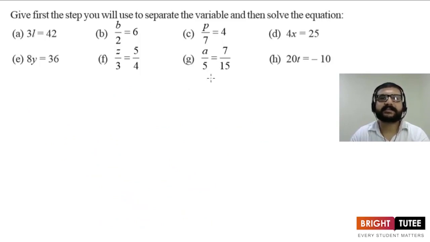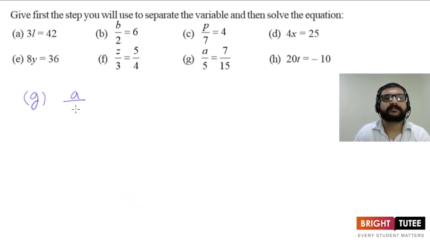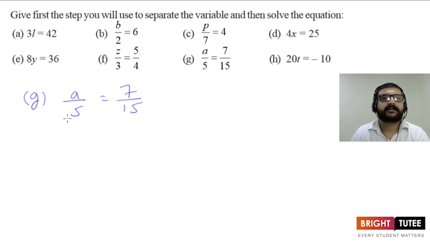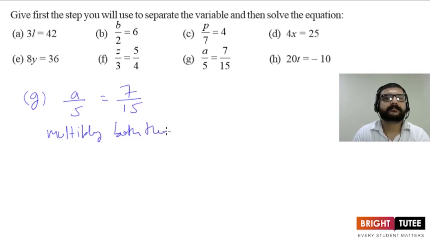Now the next equation is a upon 5 is equal to 7 upon 15. Now we have to remove this 5 which is written in the denominator of the variable a. For that we will multiply both the sides with 5.